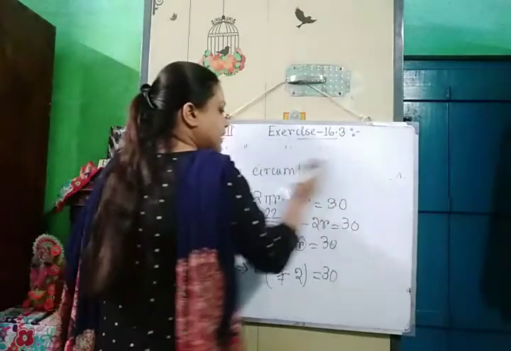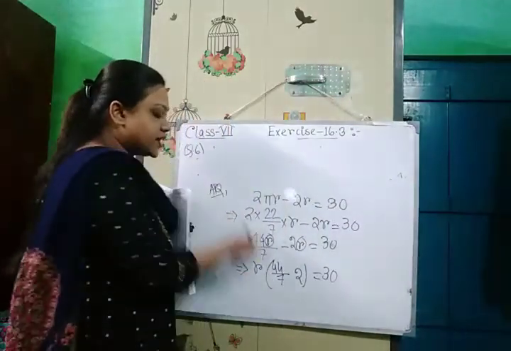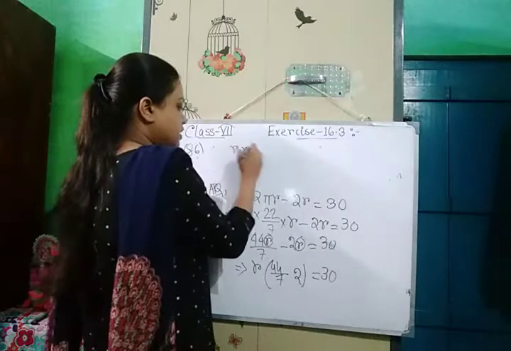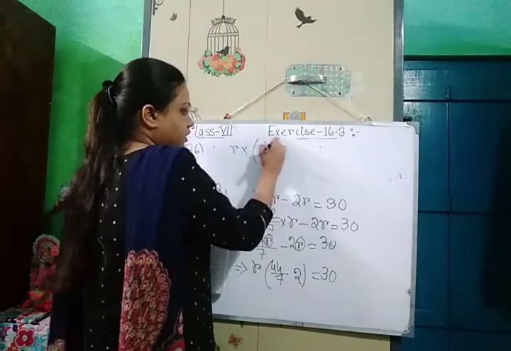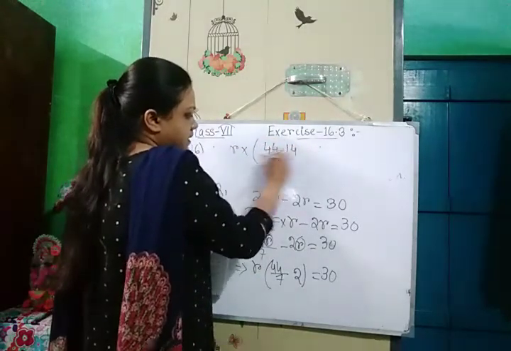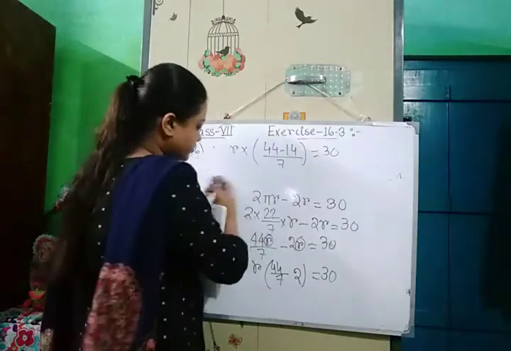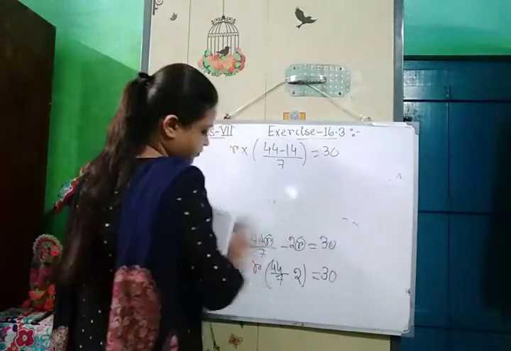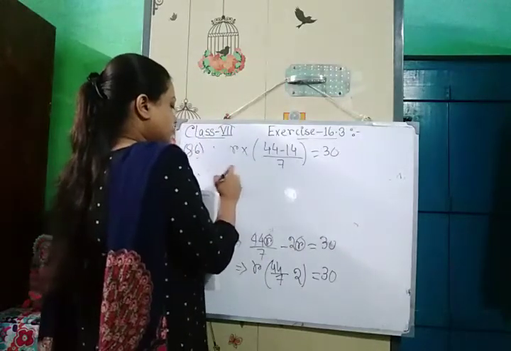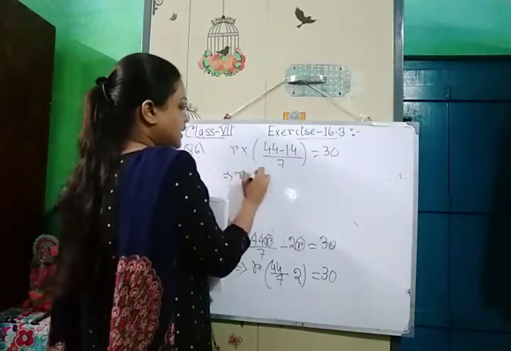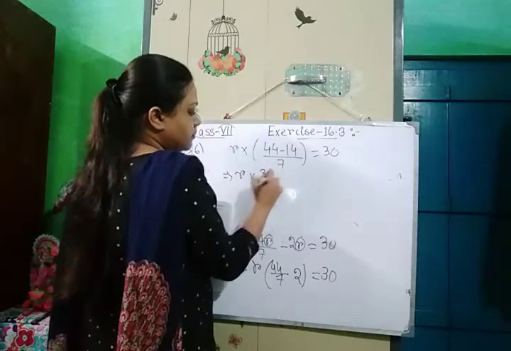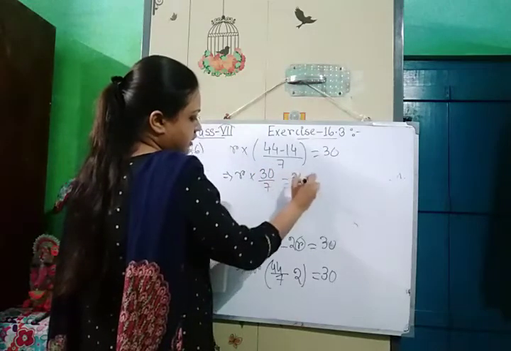Now again next calculation. In the bracket we will do the calculation r into 44 minus 14 by 7 is equals to 30. r into 30 by 7 equals to 30.